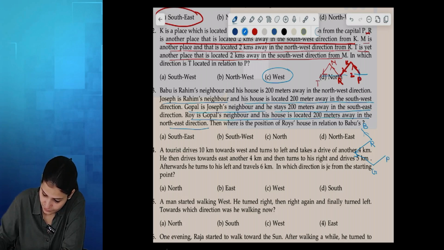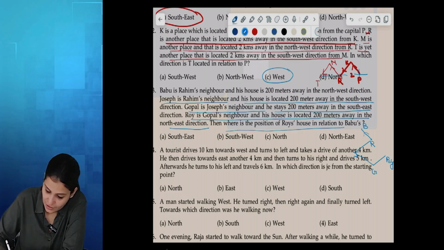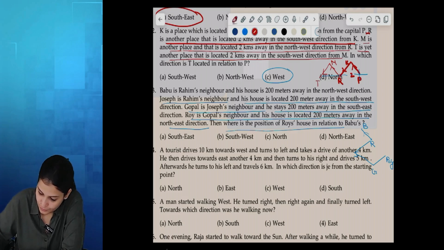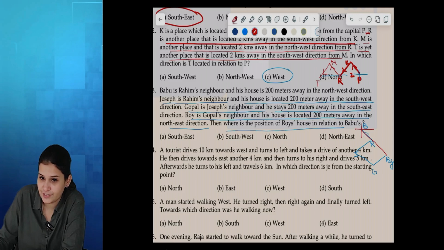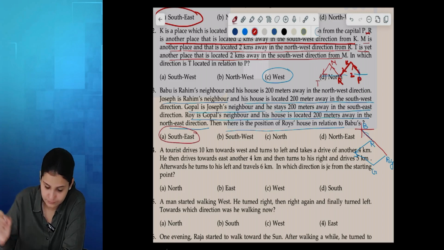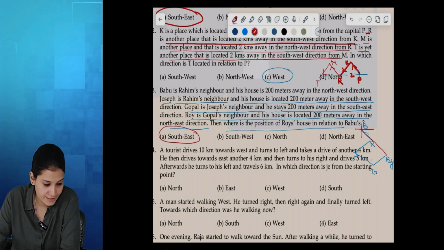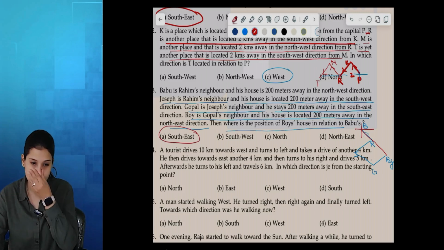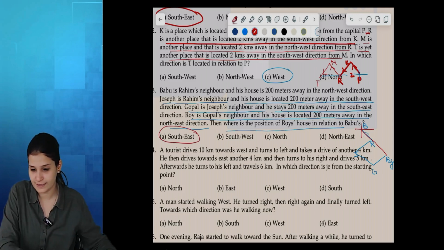Now, Roy. Then where is the position of Roy's house in relation to Babu? Which direction is this? Southeast. Does it match? Yes, ma'am.